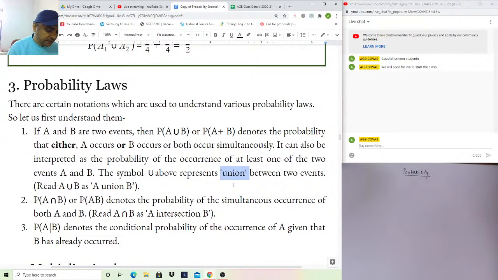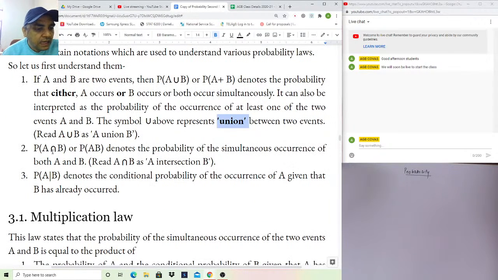It is termed as union between the two events, and read as A union B. Similarly, P(A intersection B), when we invert this U, it becomes intersection, or P(AB), denotes the probability of simultaneous occurrence, that is, occurrence of both A and B at the same time.